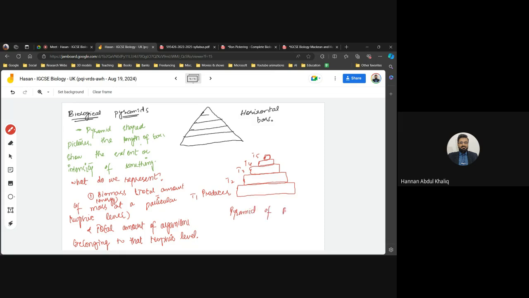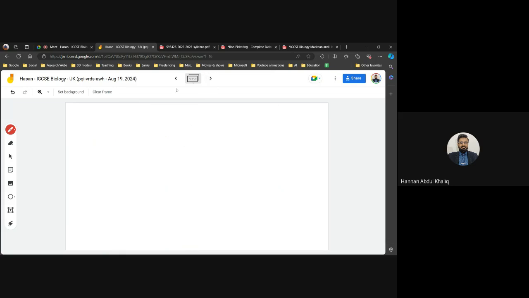Then, with the help of another type of pyramid, we make the pyramid of numbers. This pyramid represents the number of organisms at a trophic level.